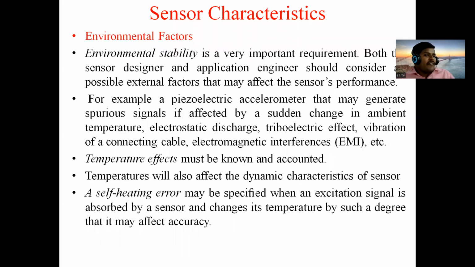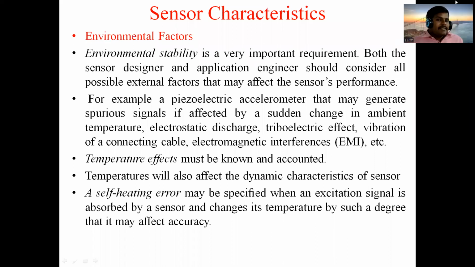Next one, environmental factor, that is environmental stability. Just within 2 to 3 minutes we will conclude. Environmental stability is a very important requirement. Both the sensor designer and application engineer should consider all the possible external factors that may affect the sensor performance.